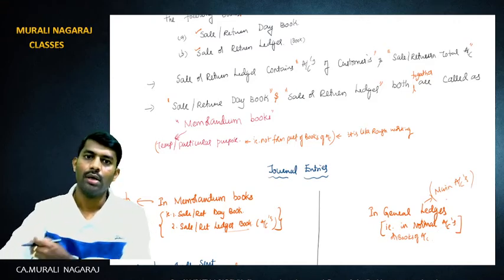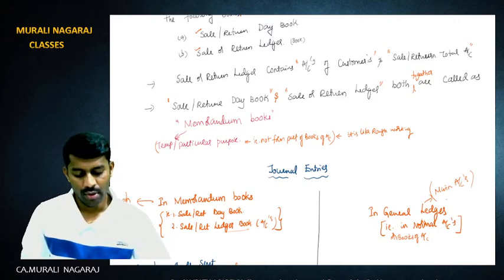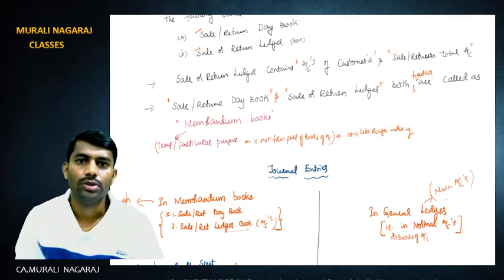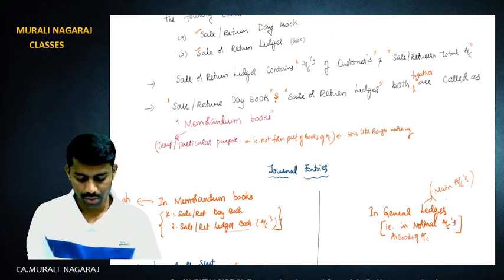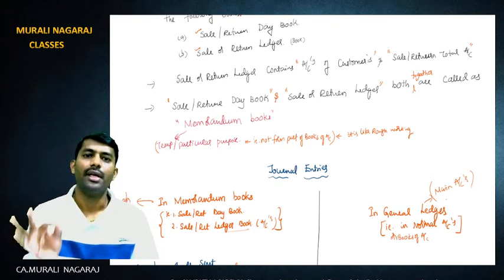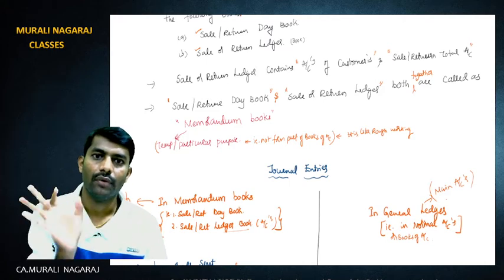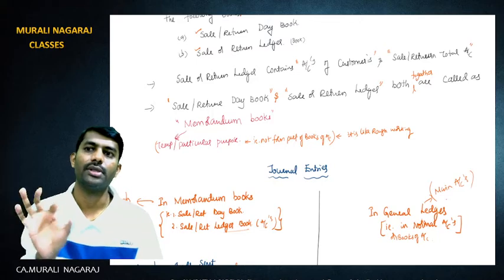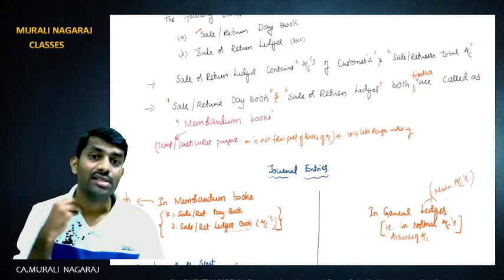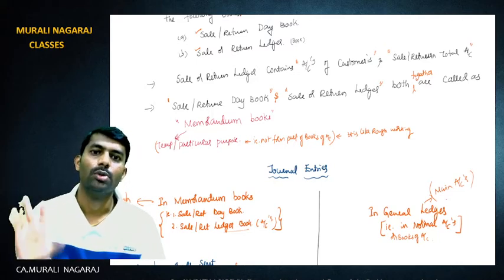Both together are called, within quotes, memorandum books. Memorandum means it does not form part of our normal books of accounts. It is just for a particular purpose. This account is opened, and once that purpose is over, this book will become redundant.